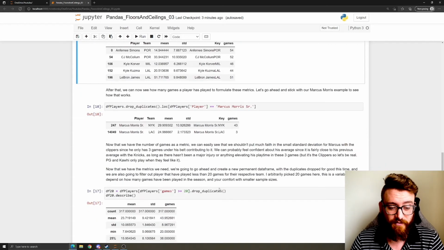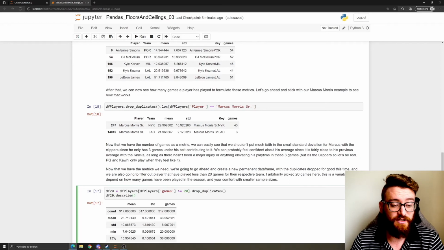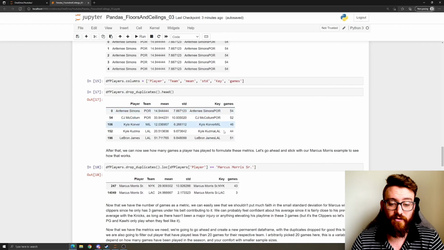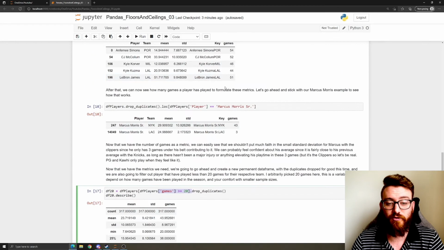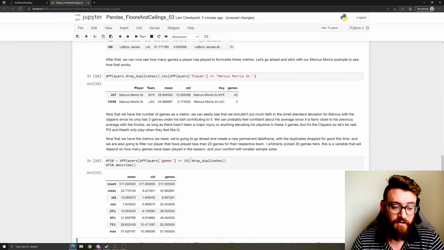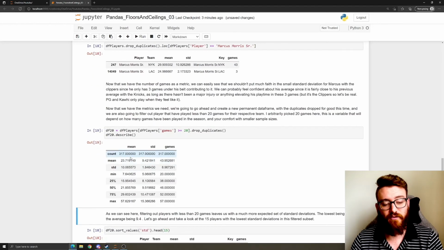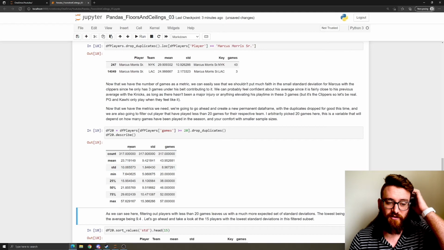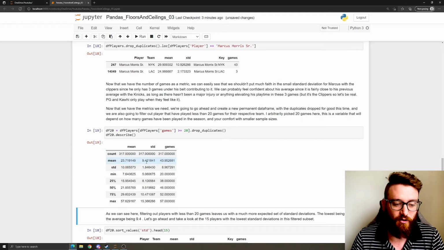With whatever data sets you have. So what I'm just going to use for this example is they need to have played greater than or equal to, correct? Yep, greater than or equal to 20 games for their respective team. So if we do that, and we run the describe function just to kind of look at the mean standard deviation in games and what we're working with.